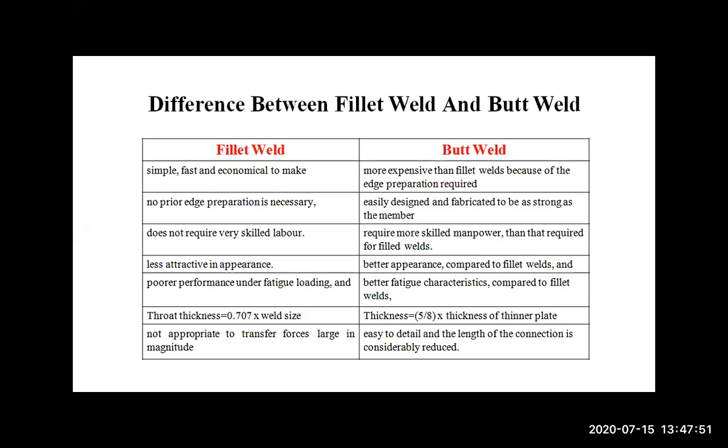Are you getting? म्हणजे आपण काय करतोय, त्या प्लेटला तसे शेप द्यायला लागतात, व्ही शेप, त्यानंतर यू शेप, देन स्क्वेअर शेप, अँड whatever the portion we have internal gap is there, that gap we have to fill by the weld. So easily we can design in the butt weld, this shape आपण easily तयार करू शकतो, and fabricated to be as strong as a member.